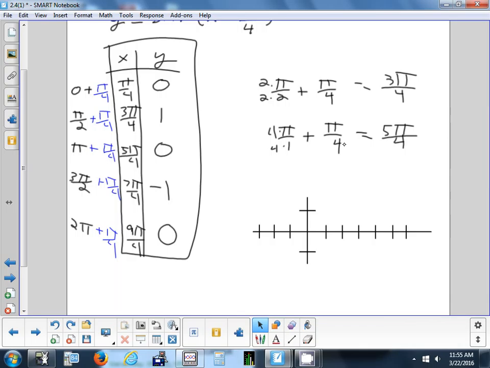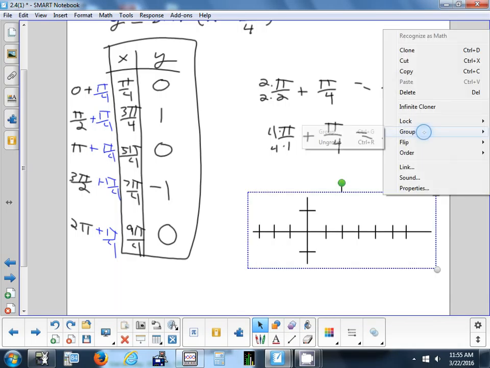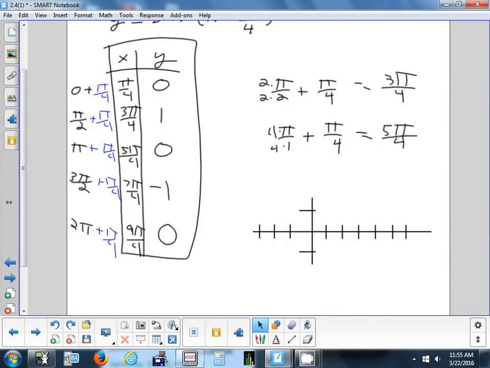Let's just see if I can move my axis over. All right, let's have my axis start here. Move those with it. And just draw that in. All right, so I can have that be 0. And let's have this one be pi over 4.